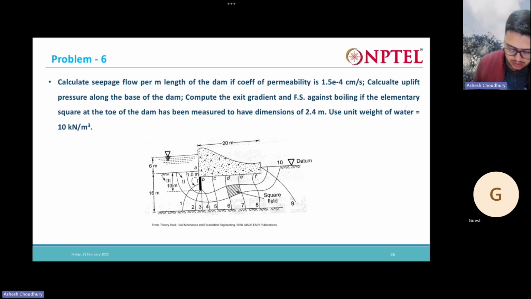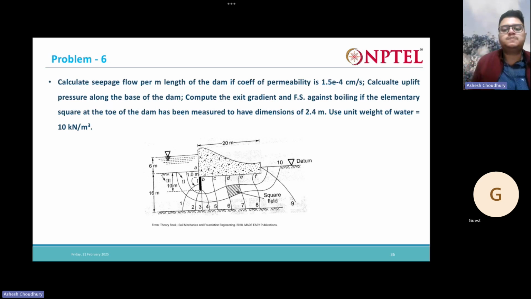Okay, next one. Calculate seepage flow per meter length of the dam if the coefficient of permeability is this much. First we have to calculate the seepage flow, same as the previous problems, using the values from these.